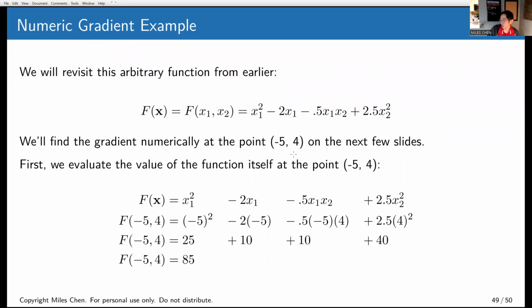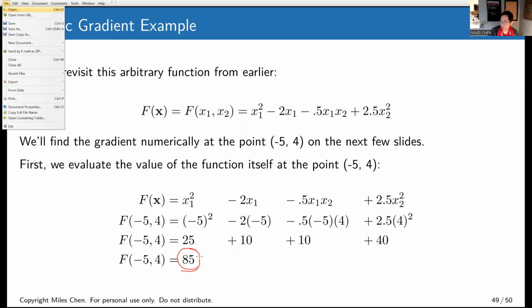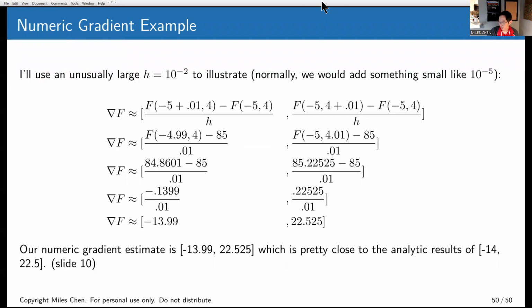So we're going to estimate this numerically. And we're going to start off by saying, okay, what's our starting location? -5, 4. What is the value of the function at -5, 4? So I plug in -5 for x1, I plug in 4 for x2, I go through all of this. The value of the function at -5, 4 is 85. Okay, this is my current function value, 85. And then we're going to do each component, okay?